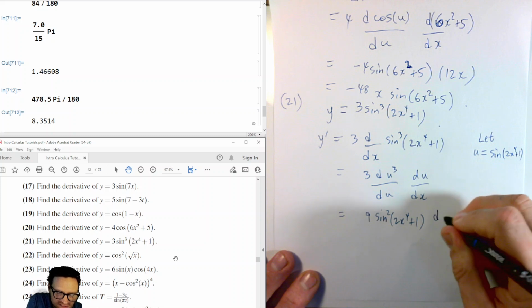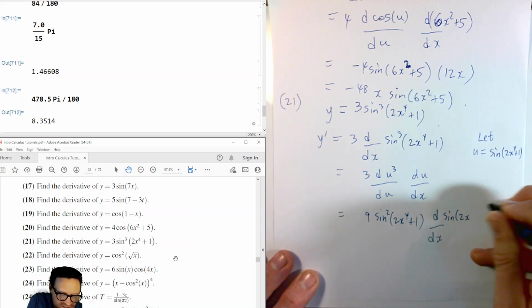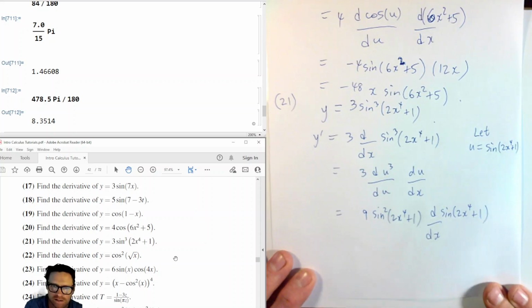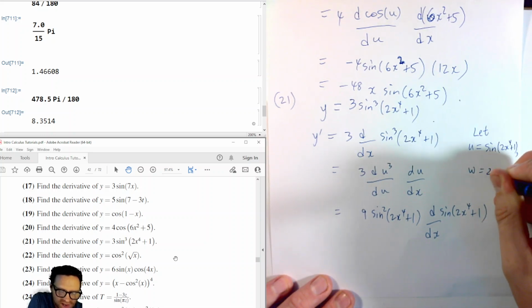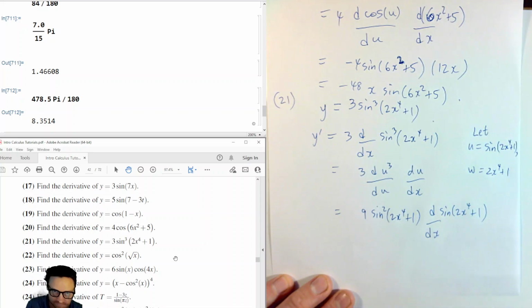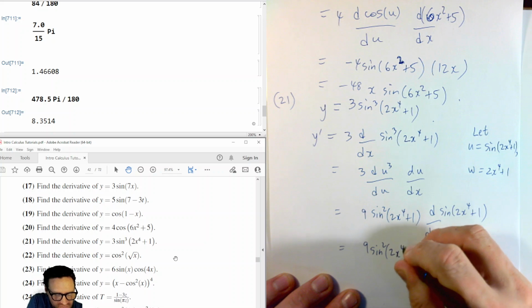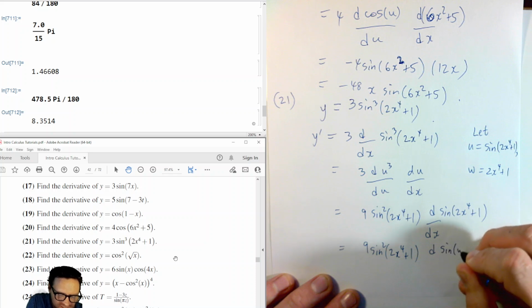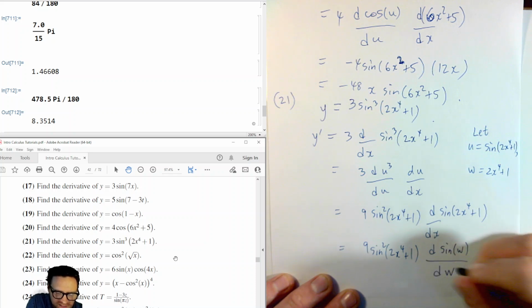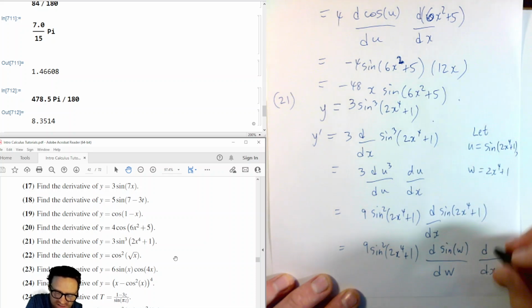Now we have du on dx. Okay, so that's d on dx of sine of (2x to the 4th plus 1). Now let's let w be equal to 2x to the 4th plus 1. Now we need to use the chain rule again. So this is 9 sine squared (2x to the 4th plus 1) times the derivative of sine of w with respect to w times dw on dx. But w is 2x to the 4th plus 1.